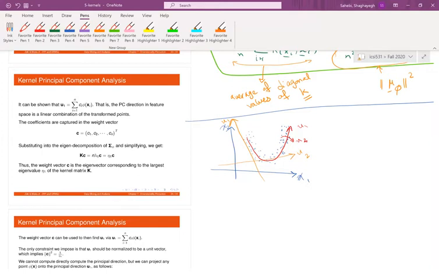All right, so how is kernel PCA going to do that? We said that in kernels, we are going to have a transformation phi of x, from the input space to the feature space. And then everything is going to be done in this new representation. Now, phi of x is a higher dimensional representation of x. In reality, we do not have access to phi of x.